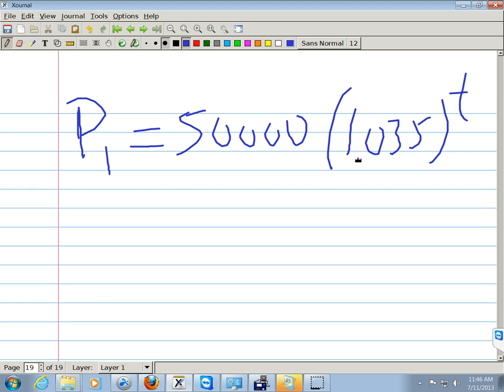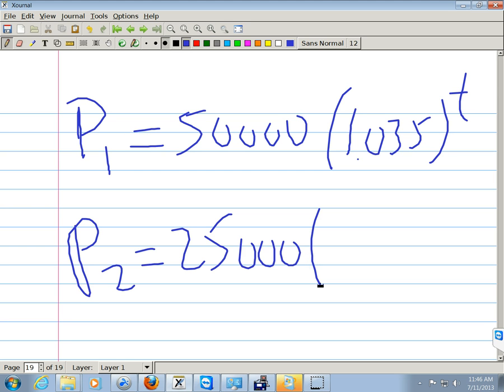So it's growing 3.5% a year. It's like the APR model, not the continuously compounded interest rate model. So it starts with 50,000 people growing at 3.5% a year, compounded yearly.